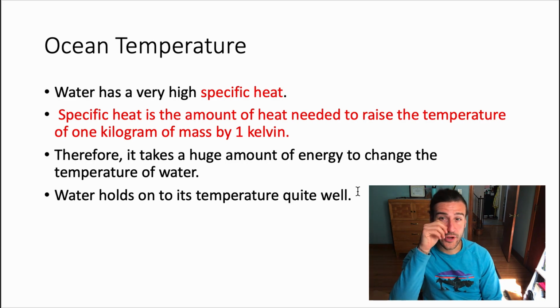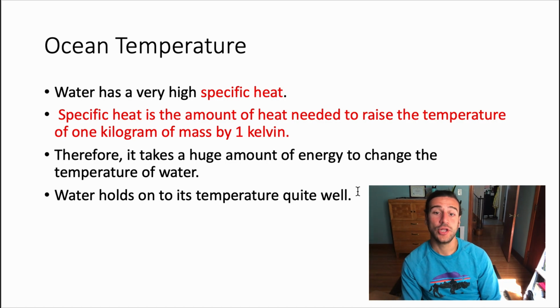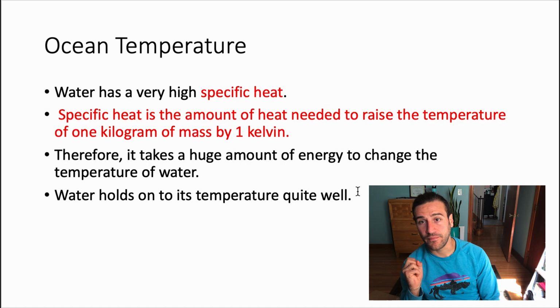So alcohol, like pure alcohol, has a much lower specific heat. That's why when you add wine to a pasta sauce, the alcohol will actually evaporate really quickly. Water has a very high specific heat. So the fact that the oceans are becoming warmer tells us a lot about the temperature of our planet.